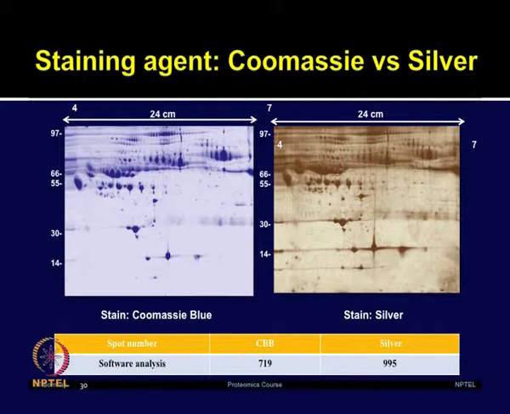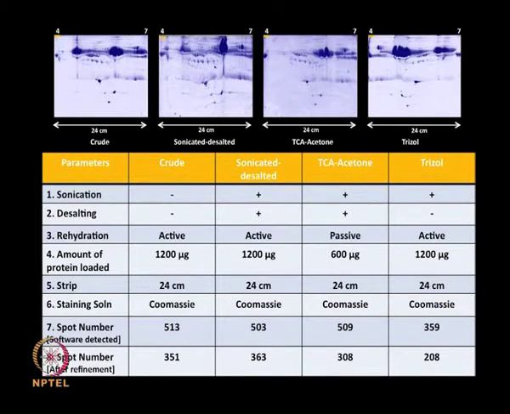So, to overcome this limitation, we used colloidal Coomassie and biosafe Coomassie staining, and we standardized the same conditions for all the gels.